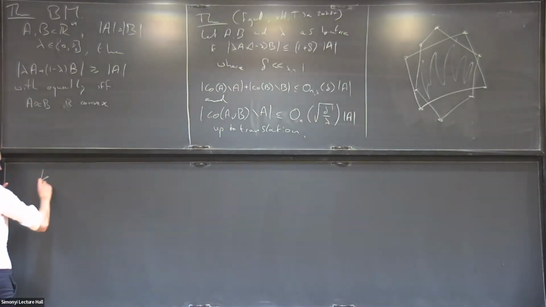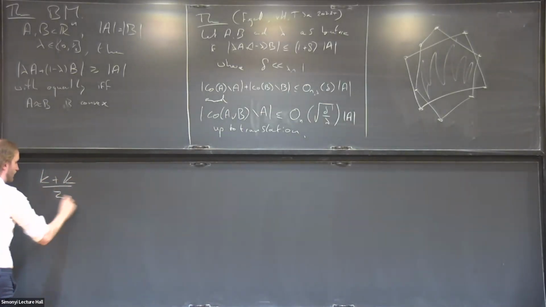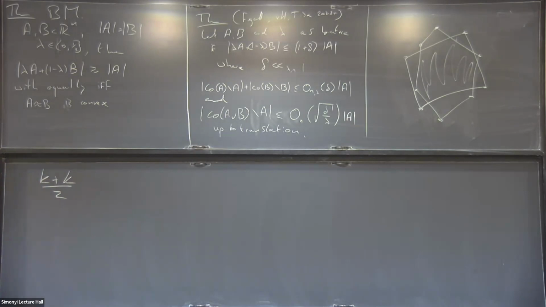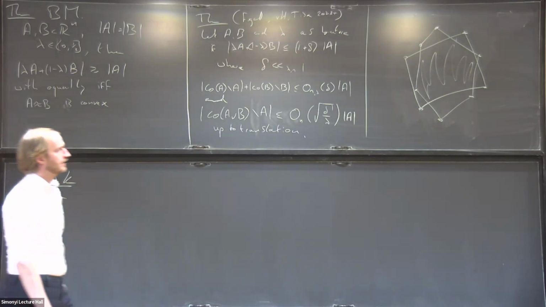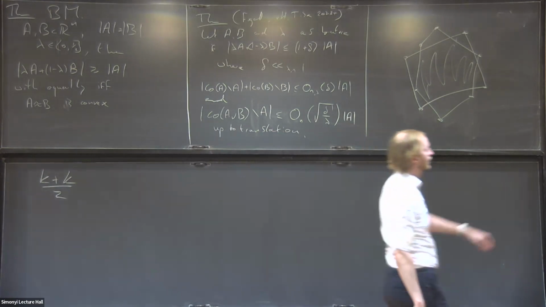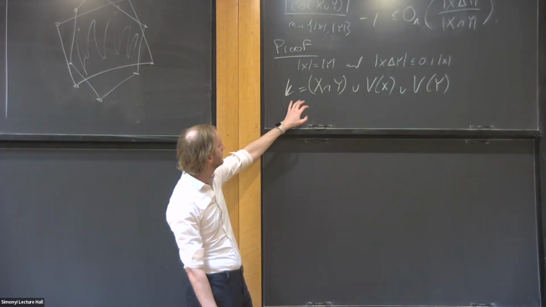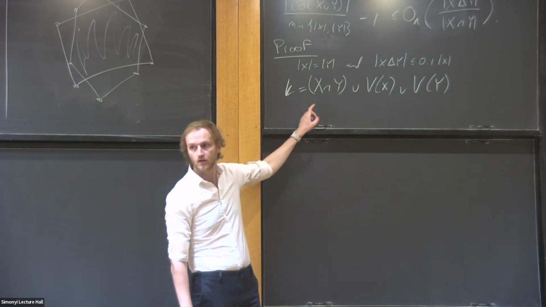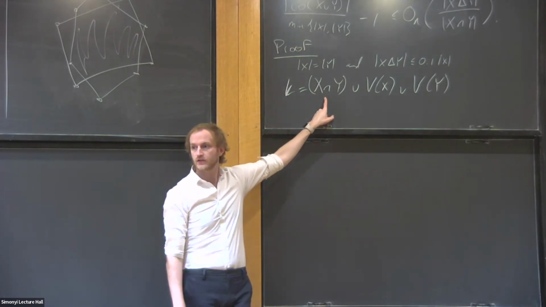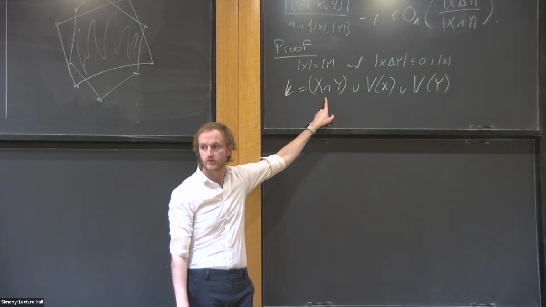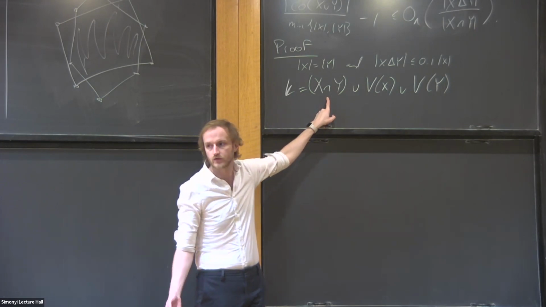So now let's think about (K+K)/2. And take the average of K with itself. What do I know about this set? Well, it's made up of a few things. It's this intersection averaged with itself. Well, this intersection is the intersection of convex sets, so it's just a convex set.